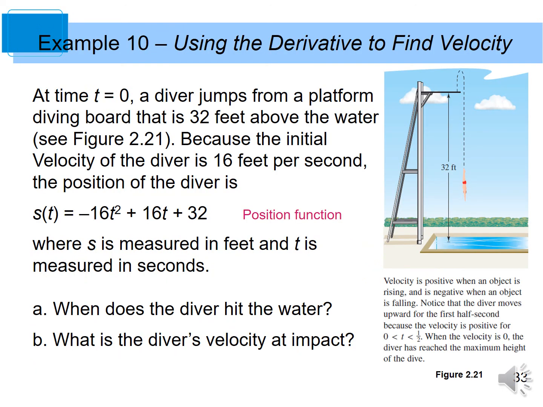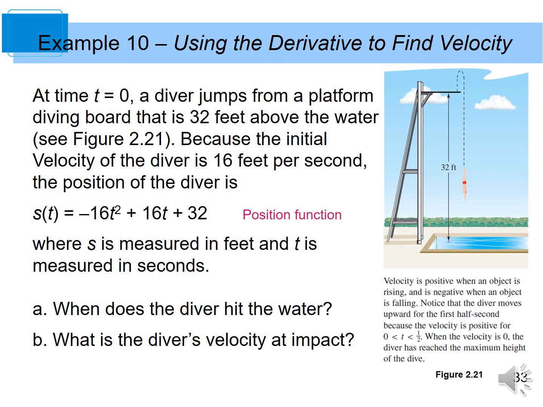Look at this example. At time t equal to 0, meaning the initial time, a diver jumps from a platform diving board that is 32 feet above the water. So look at the figure here. The height from the water surface is 32 feet.